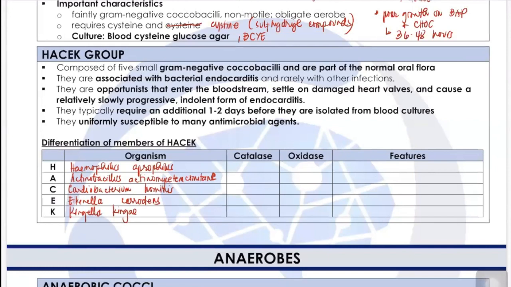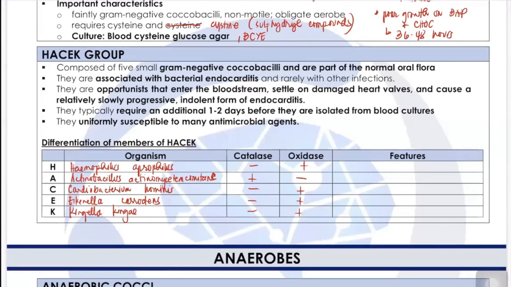Take note that all of them are catalase negative except for Actinobacillus actinomycetemcomitans, and all of them are oxidase positive except for Actinobacillus actinomycetemcomitans.